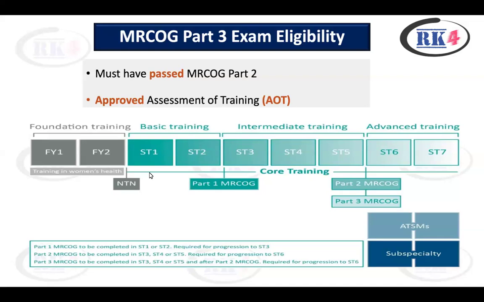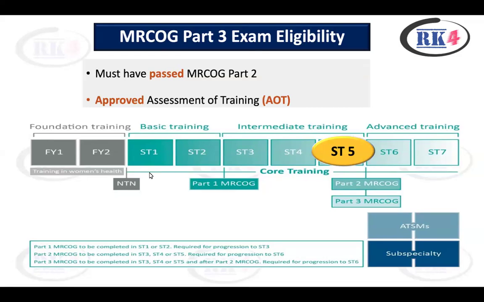So there might be a possibility that you are working at very senior levels in your current practices. Most of you are working as a specialist or as a consultant. But for MRCOG Part 2 and 3, you need to remember that this is an exam which is targeted at an intermediate training level. And you are supposed to be at an ST5 level.